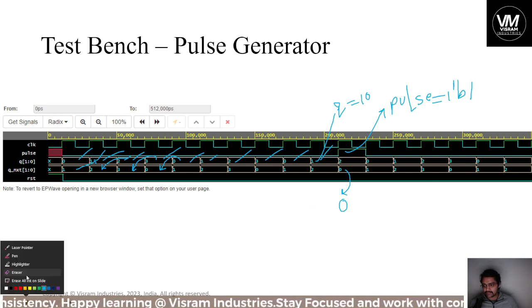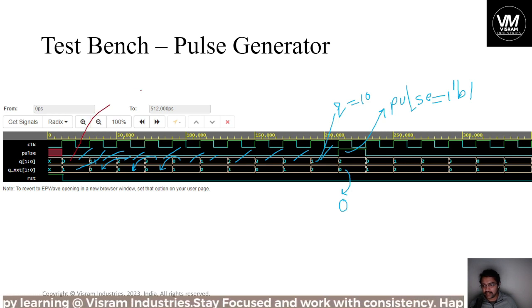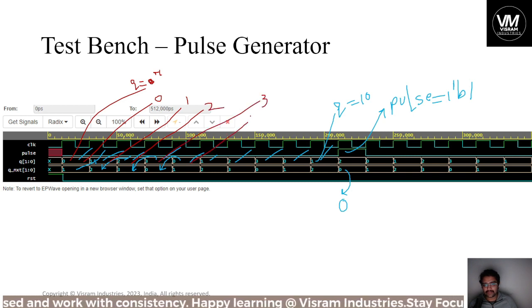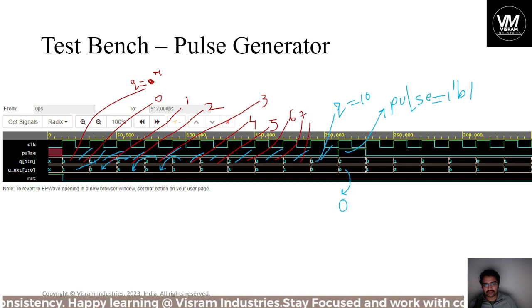But where are we starting now? We are starting at Q at 0th position. Now Q is equal to 0, the 0th position: 0, 1, 2, 3, 4, 5, 6, 7, 8, 9, and 10.